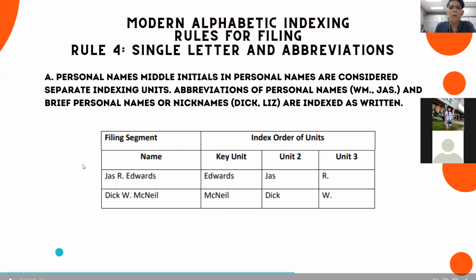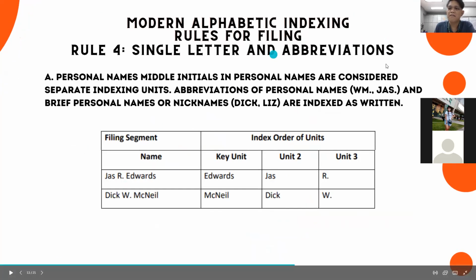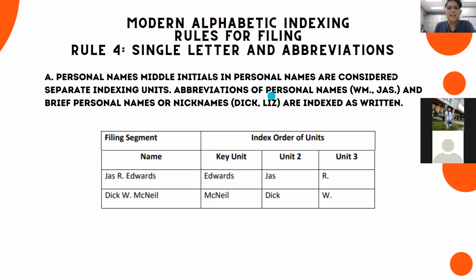Okay, next. Rule number 4, single letter and abbreviations. Middle initials in personal names are considered separate indexing units. Abbreviations of personal names like W.M. and brief personal names or nicknames like Dick, Liz are indexed as written.